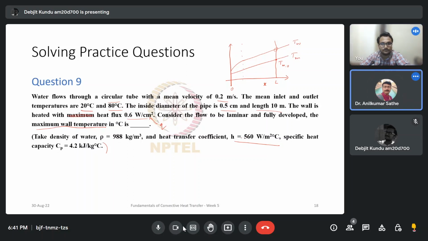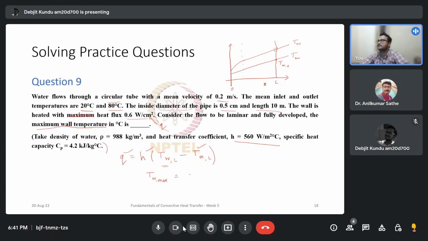So T wall at L minus T mean at L is equal to Q by H. If I write this, Q equals H into the temperature difference, T wall at x equal to L minus T mean at the outlet. We know this and this, so we can easily figure out this one, and this would be the maximum temperature. So I will write the same thing as T wall max.